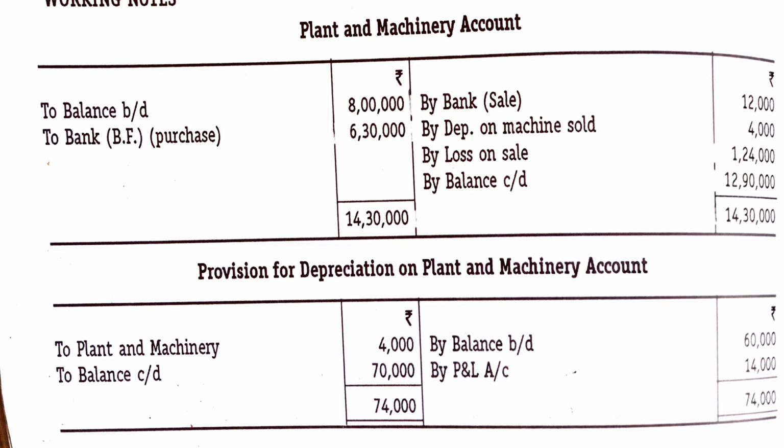Then charge depreciation of 4,000 for the provision for depreciation account. It will come 74,000. Deduct 60,000 from 74,000. It will come 14,000. This amount is shown in the profit and loss account.